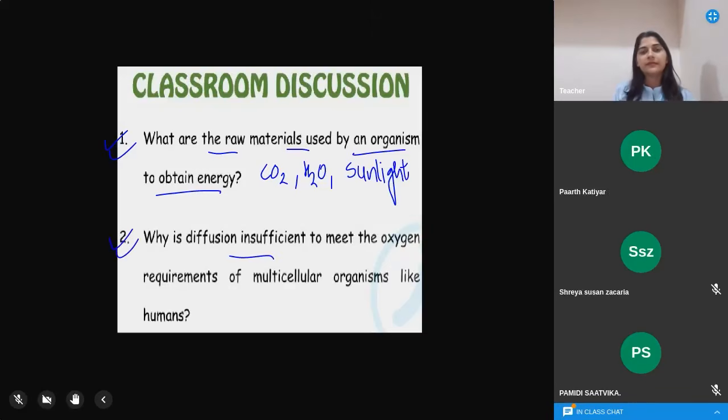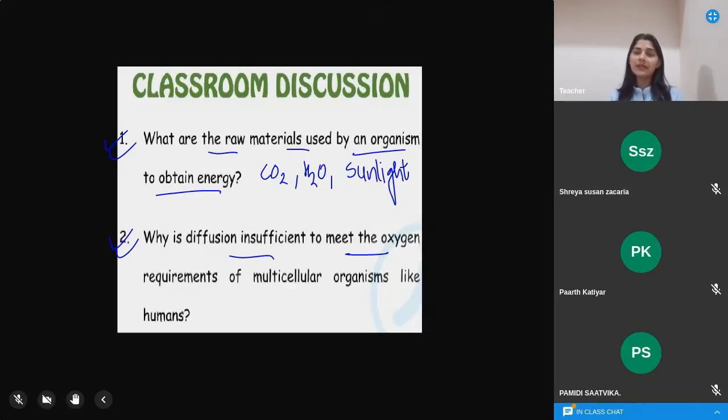Next question. Because each and every cell of a multicellular organism will not be in contact with air directly, it will not be able to obtain oxygen. That's why we need specific organ systems. Very good. When we talk about unicellular individuals, each and every cell is in contact with the environment, so diffusion is sufficient to meet their oxygen requirement.